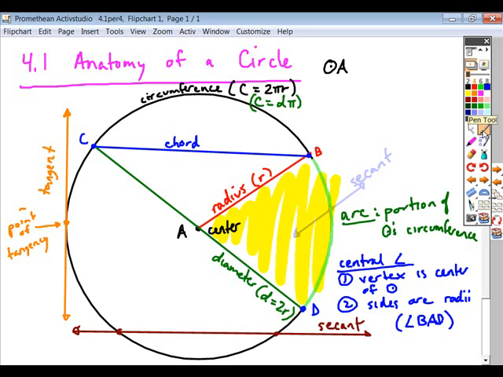And now we can also identify an arc with respect to a different angle that intercepts that arc. So again, this arc would still be considered in the interior of another angle, and that angle is this entire angle here. Again, arc BD lies in its interior, and that angle is called an inscribed angle.